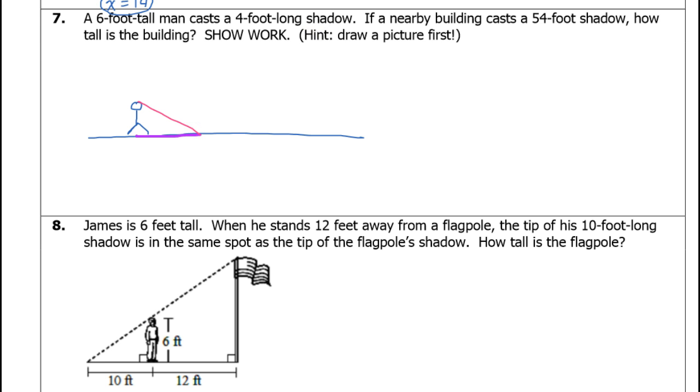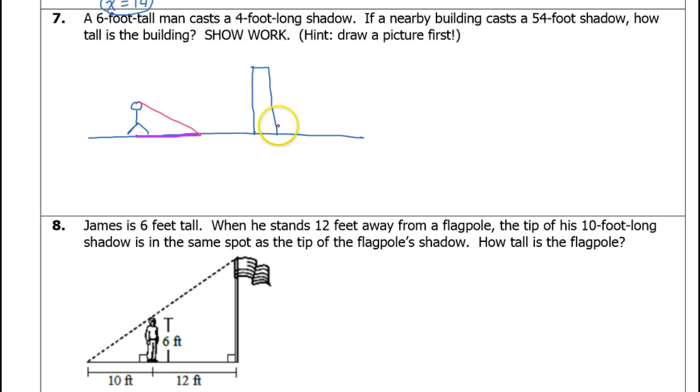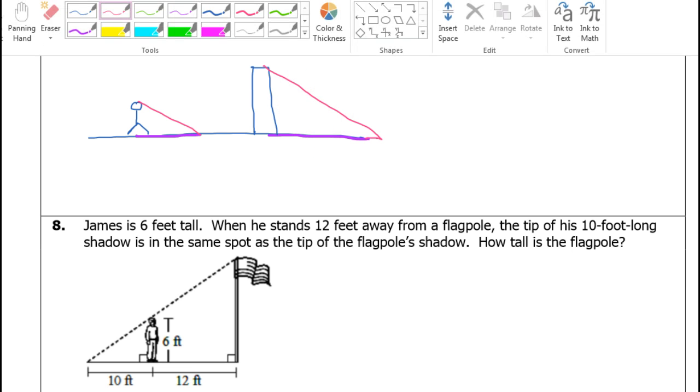And then we have a building, and it is casting a shadow. And that's going to form a triangle. Now these two triangles will be similar.